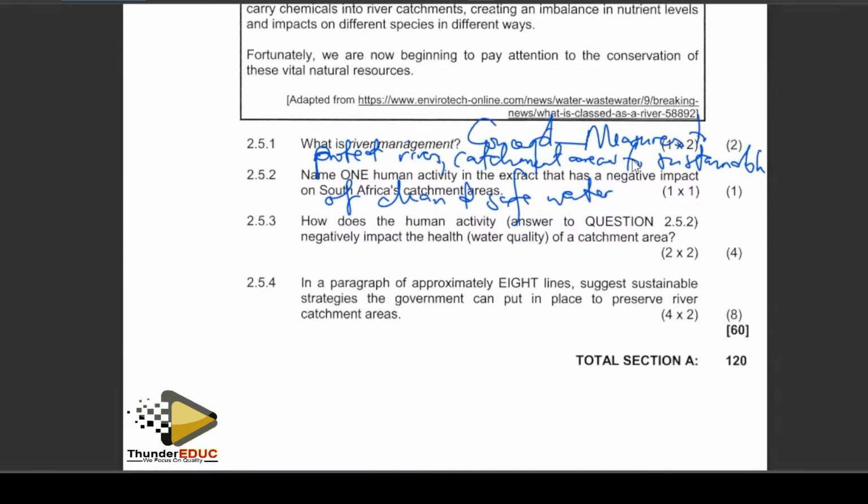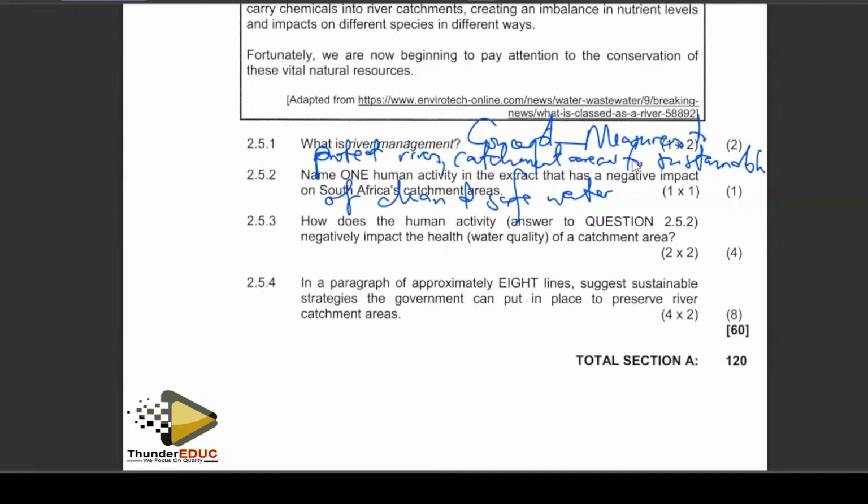I would express it as a concept as measures which are taken to protect rivers or to protect catchment areas so as to ensure that we have sustainable supply of clean and safe water for whichever purpose, domestic, industrial, agricultural. We must have clean and safe water. So what should we do? We should take corrective measures to make sure that our rivers are safe.